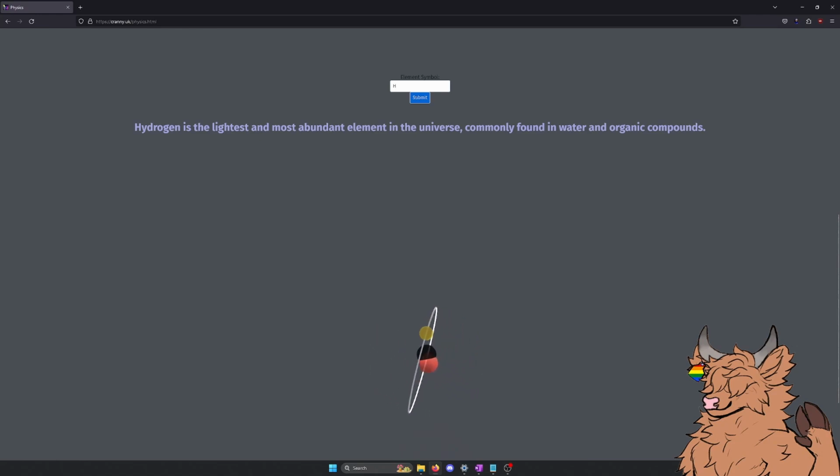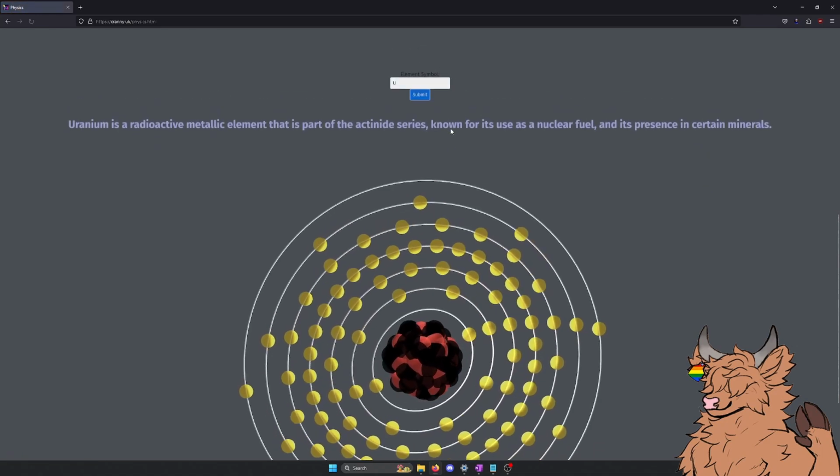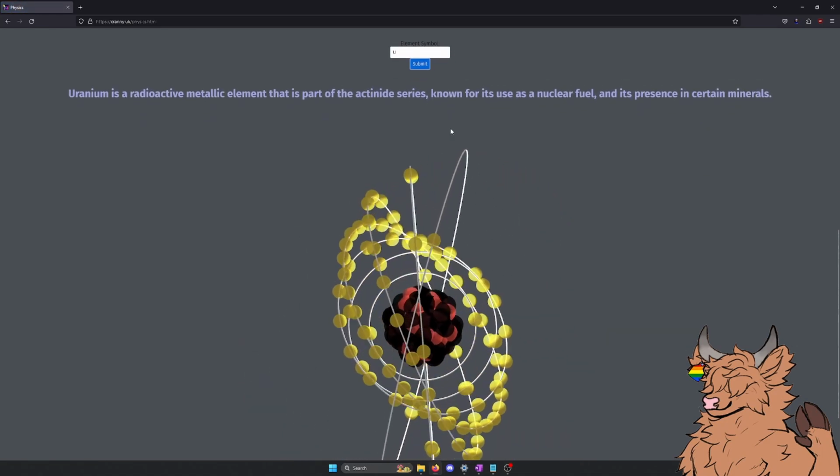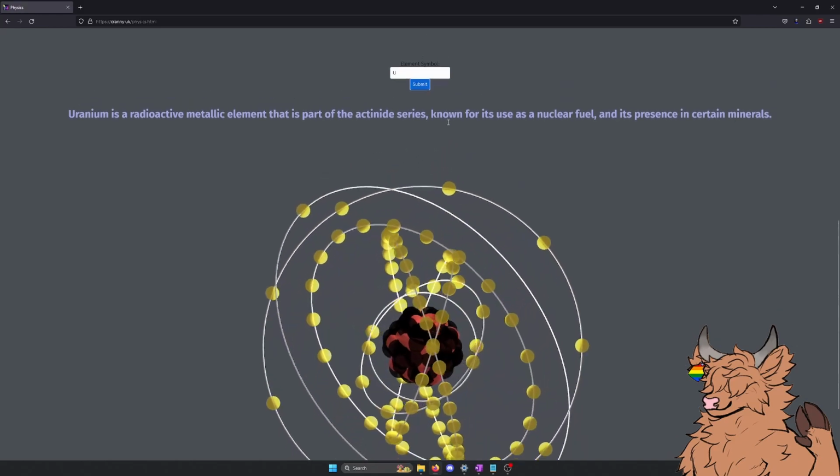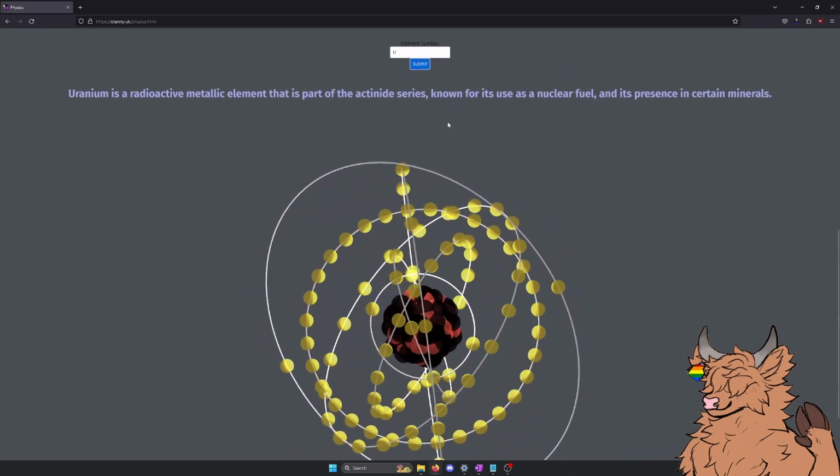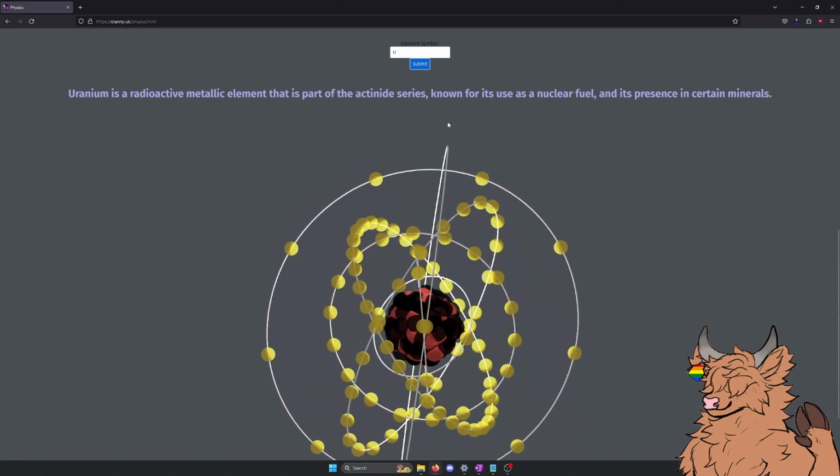Obviously, not orbiting like the Earth orbits the sun, very differently actually, but it's a very, very good way of modelling the atom. And my website can even do massive chunky atoms like uranium. Look at all those electrons. Ooh, it's massive.